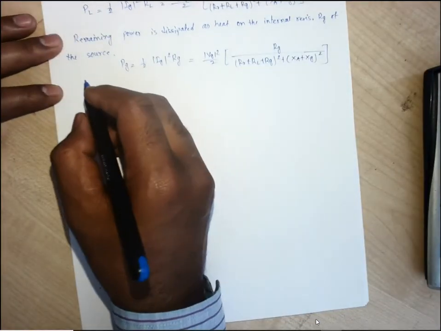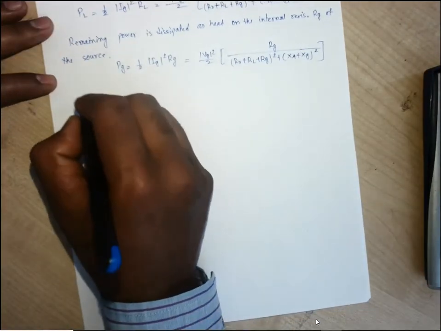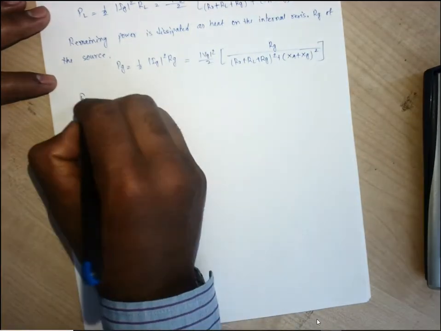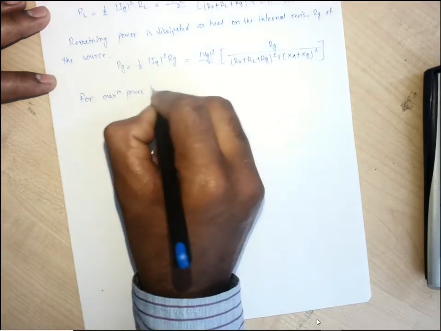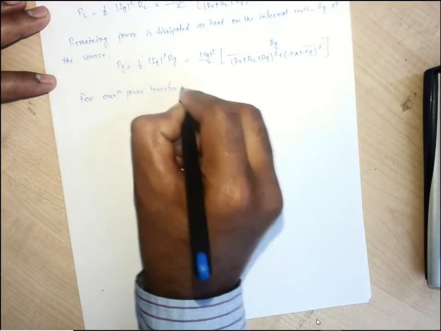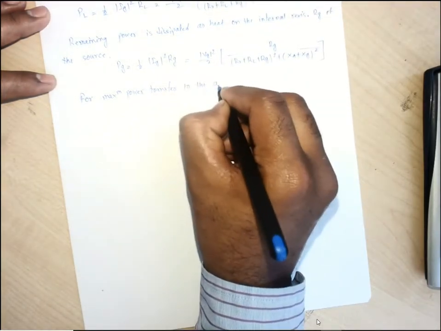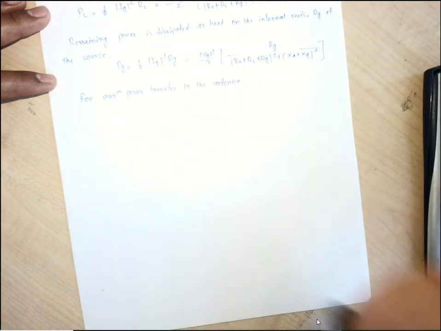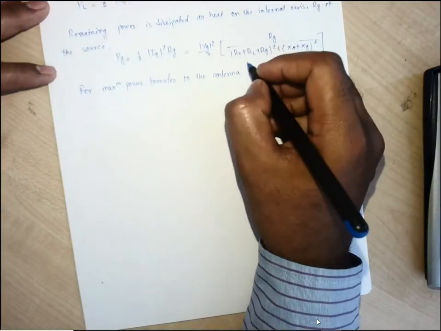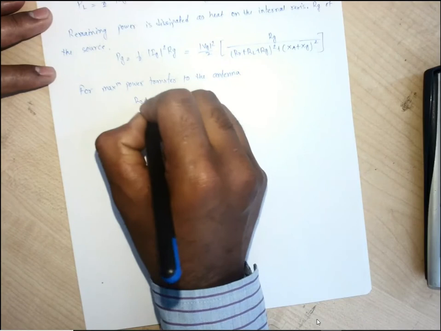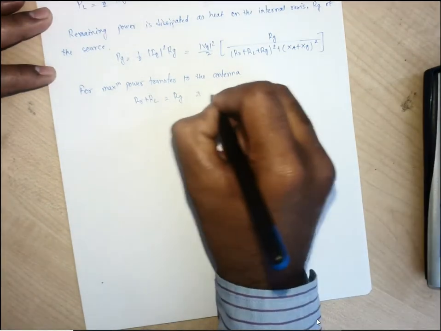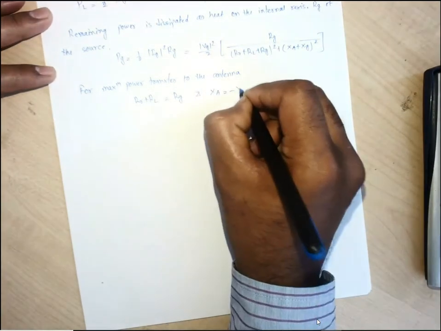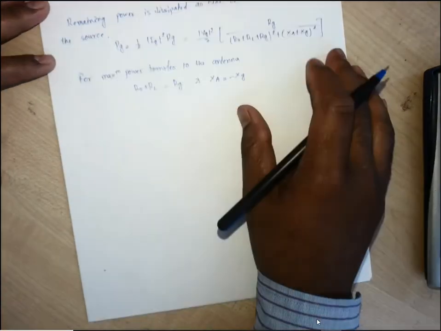So maximum power delivered to the antenna occurs, or for maximum power transfer to the antenna, this RR plus RL, the total resistance of the antenna, should be equal to the source resistance, and the total reactance should be 0.